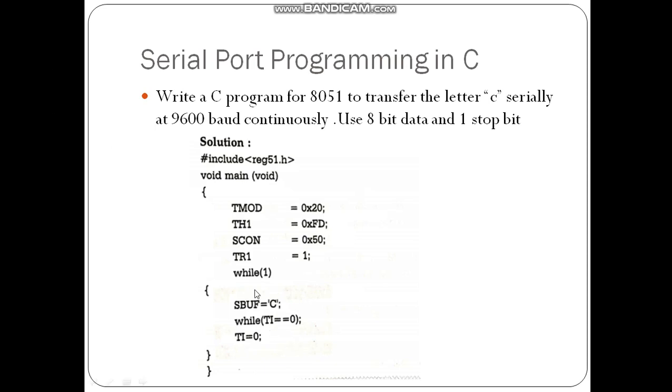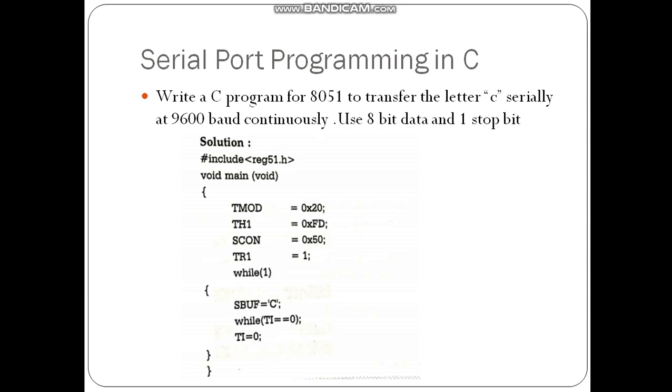So while 1, first the character has to be loaded into the SBUF register, and continuously it has to be monitored to see if the character is completely loaded. Once the character is completely loaded, the transmitter interrupt flag is set. Once it is set, it is an indication that the character has been transmitted.